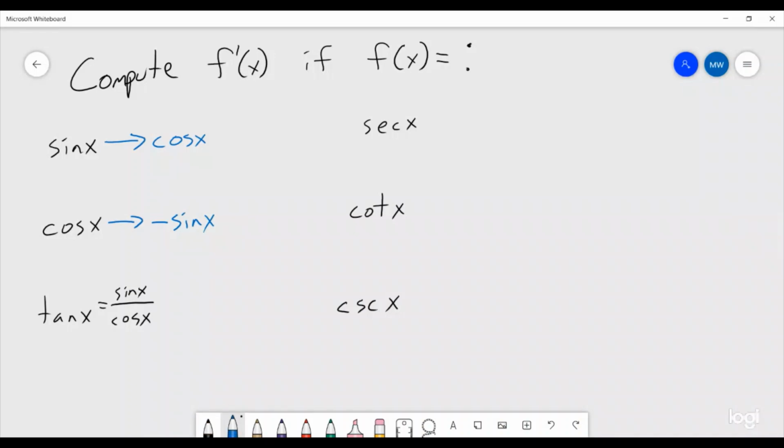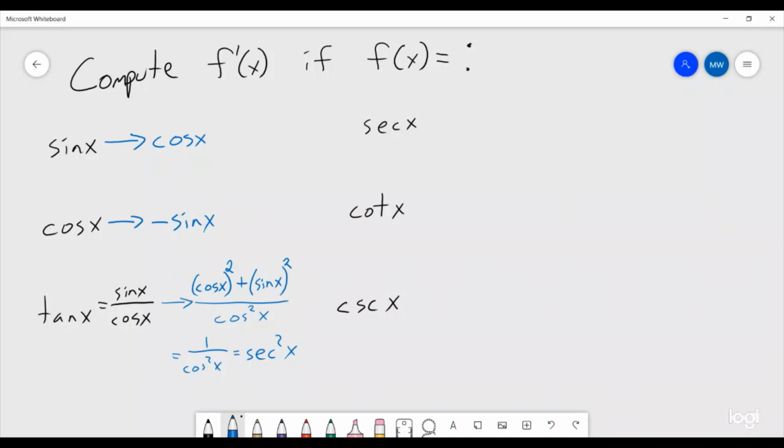So this is going to be, we got low d high, so that's a cosine x times the derivative of the top, that's another cosine x, minus the top, so sine x, times the derivative of the bottom, that's a negative sine x, so that becomes a plus sine x squared, all over the bottom squared, so that's a cosine squared x. Cosine x squared plus sine x squared, that's just a 1. So this is 1 over cosine squared x, which is secant squared. So the derivative of tangent is secant squared.